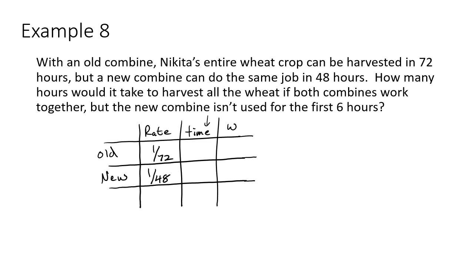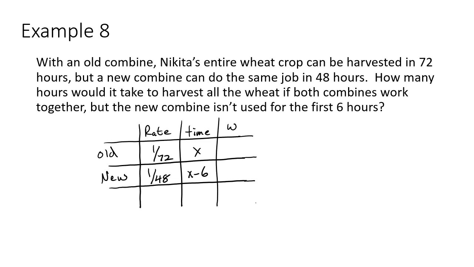Now the time that they're working on this job together is where the time lag comes into play. So if I use X for the amount of time that the old combine is working, then since the new combine isn't used for the first 6 hours, it's working 6 hours less time, so its time will be X minus 6.